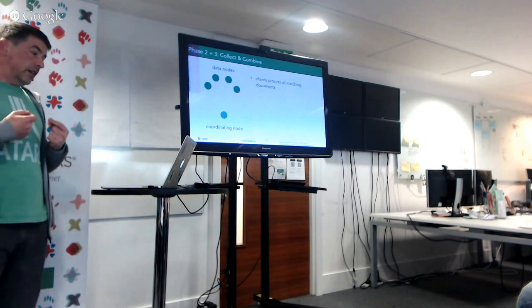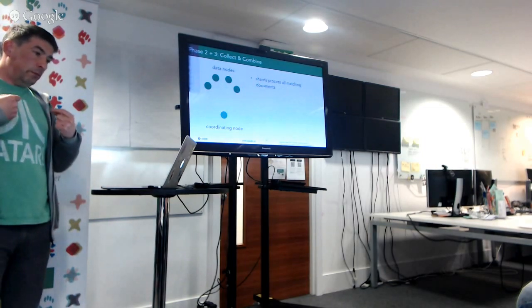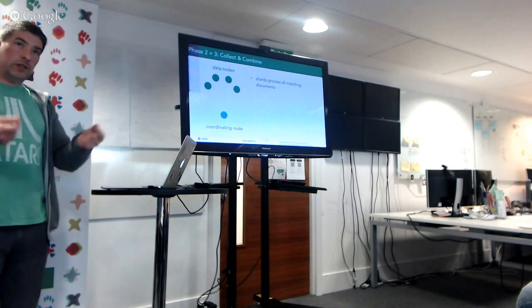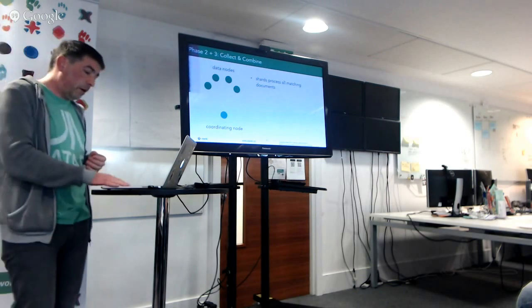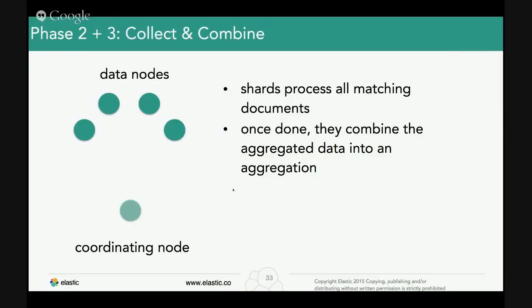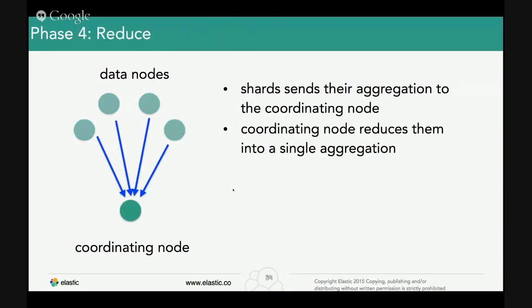Each shard in isolation will be performing these actions. So it'll be performed in parallel. And the aggregations then get combined and then obviously sent back to the coordinating node. Okay, so it's divide and conquer, effectively. Obviously gets brought back together as a single aggregation.